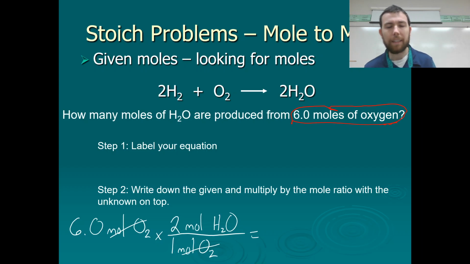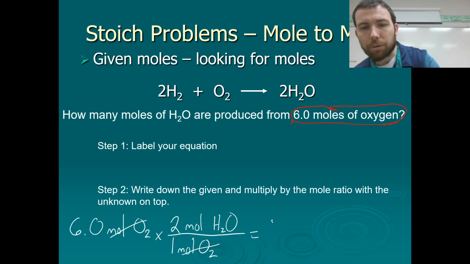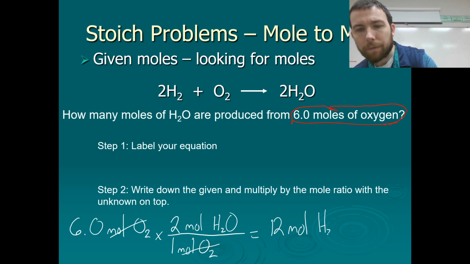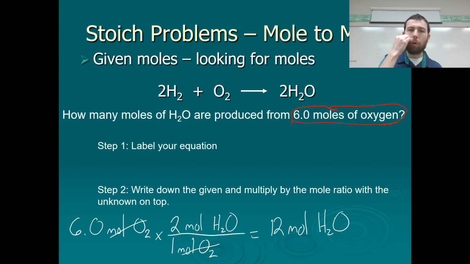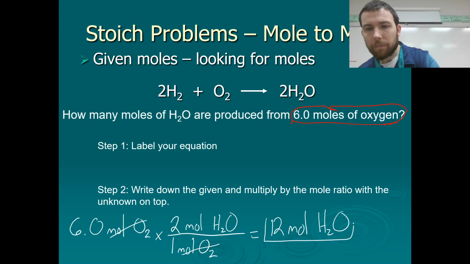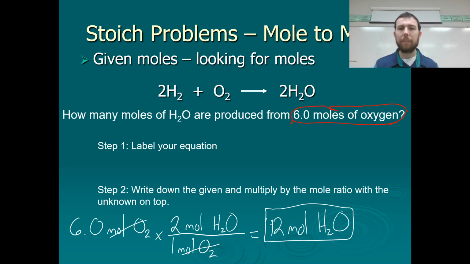So then I've got 6 times 2, so that means that 6 moles of oxygen is going to produce 12 moles of water. And if you're wondering, I needed 2 significant digits because 6.0 had only 2 significant figures. And so that would give me the number of moles of water for that particular conversion that we needed to do. That should make sense to us.